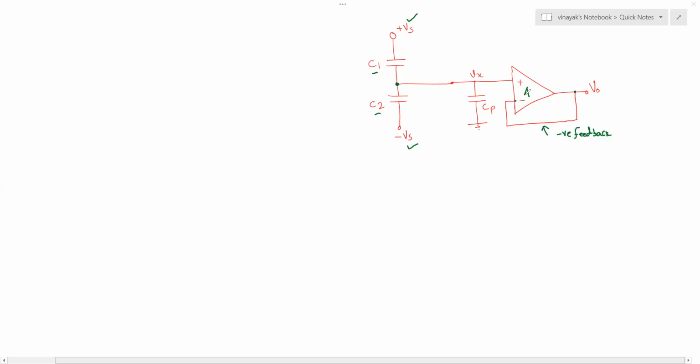And we know that this is a difference amplifier, so it is used to amplify the difference between the two signals. Here is your output, and from the positive pin towards the ground you have a capacitance called CP, which is called a parasitic capacitance.